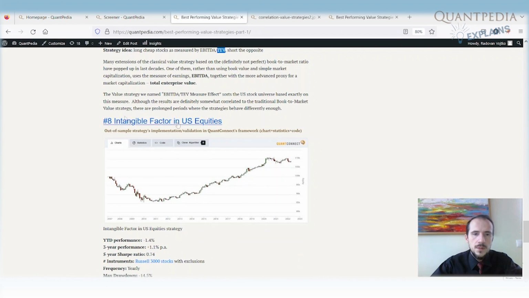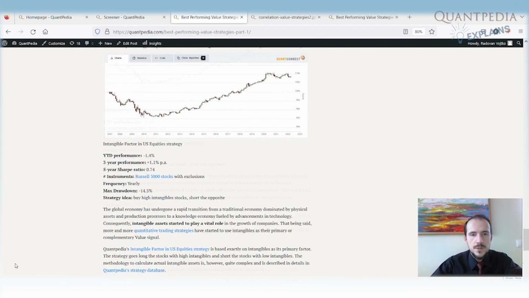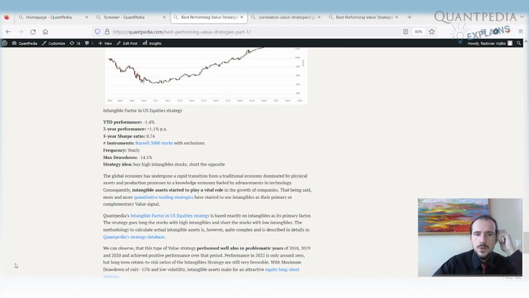Another is the intangible factor in US equities. So what does it mean? There is a very rapid shift or transition from a traditional economy that's dominated by physical assets, factories, etc., to a knowledge economy. It's fueled by advancements in technology. What is more important at the moment is not how big your factory is and how many employees you have, but how strong your brand is, how strong the intangible value of your company is.